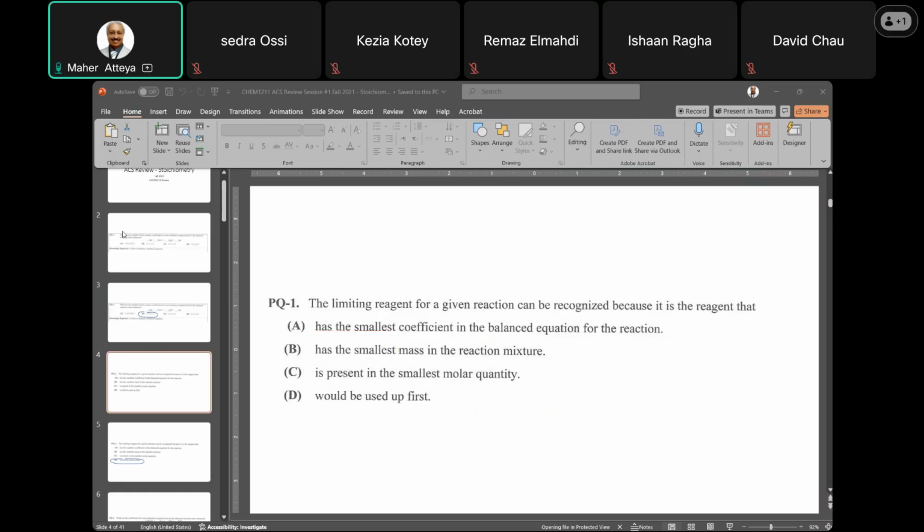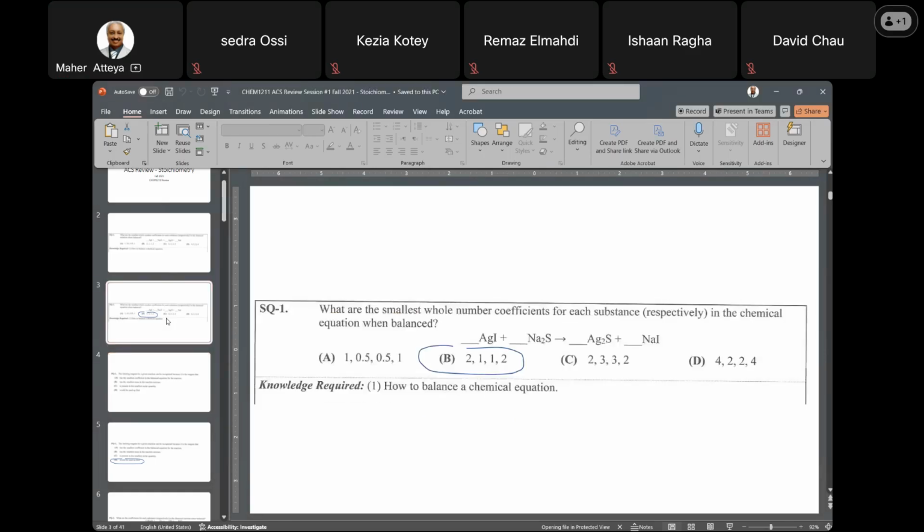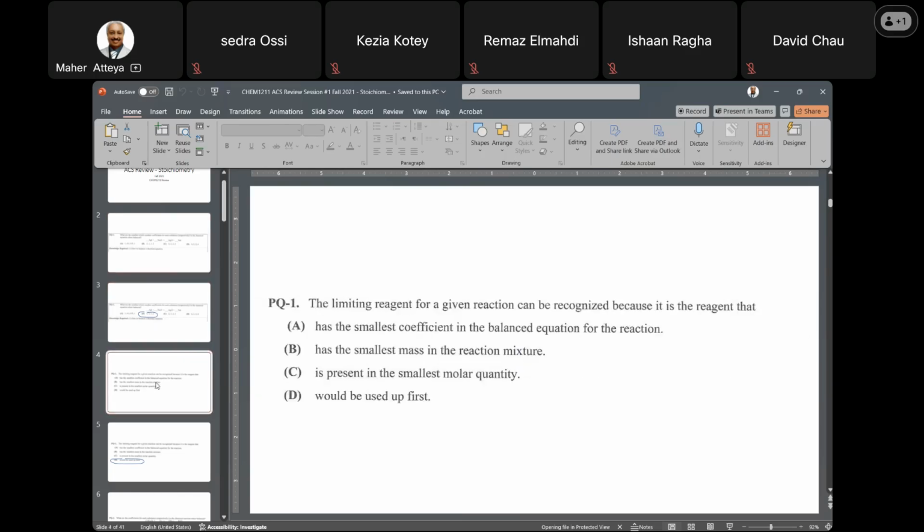So the answer is D, but it's not correct. It has to be at the end of the reaction. You understand my point? Everyone is following? Their answer is D. But I will say it's the smallest number of moles during the reaction.